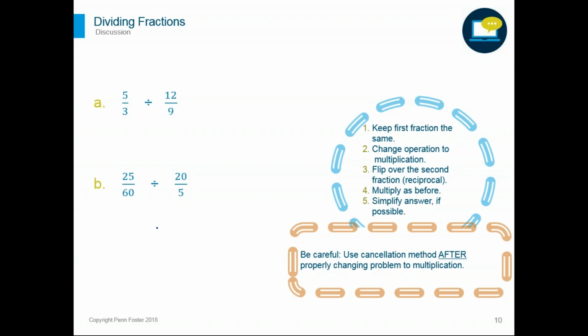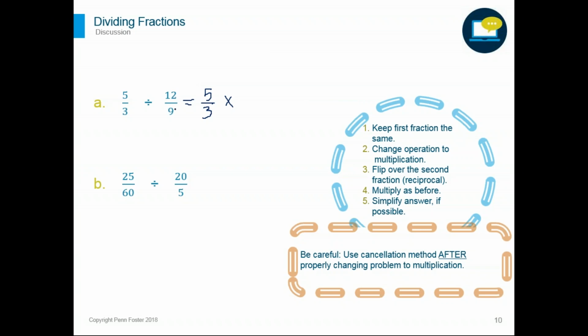So I'm going to do the division, or find the quotient of this problem, by rewriting this division problem as this. 5/3, keep the first fraction as is, change the sign to multiplication, but you have to use the flip of the second fraction, the reciprocal of the second fraction.